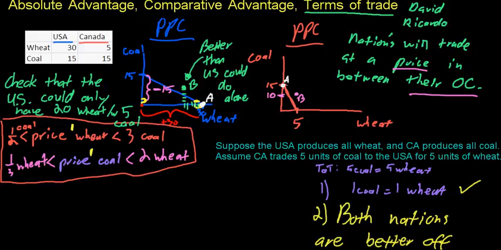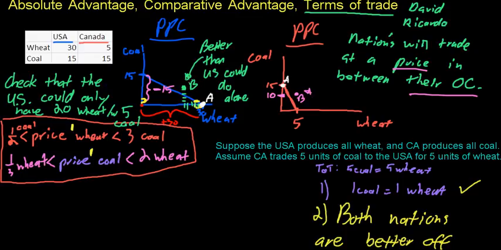If Canada wanted to produce 5 units of wheat, they would have to produce 0 coal. So they're getting 10 units of coal basically extra just for trading. So Canada is obviously better off also. This is better than Canada could do on its own, and that's the point of point B also. So Canada is better off and the US is better off.